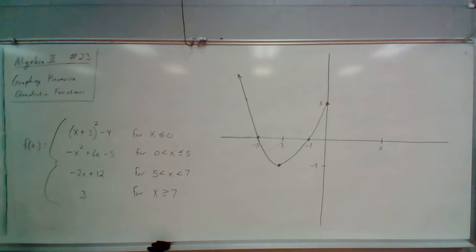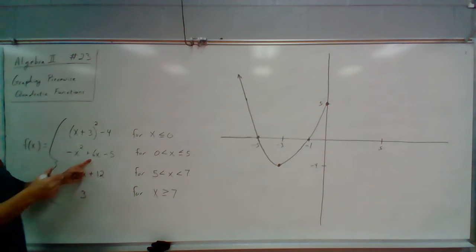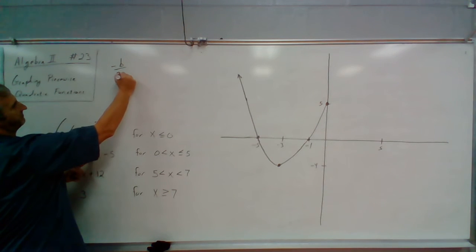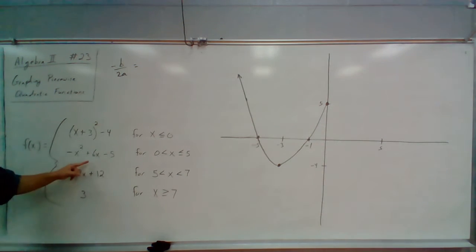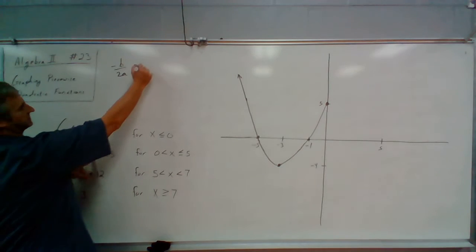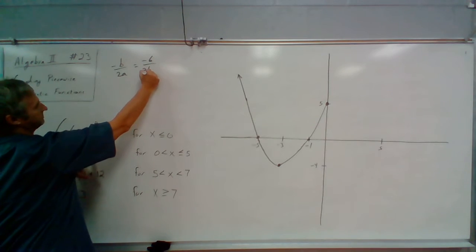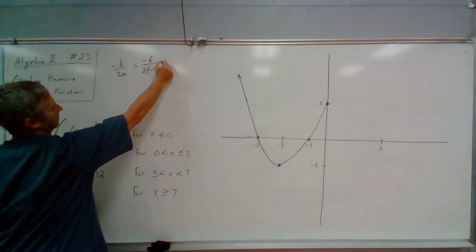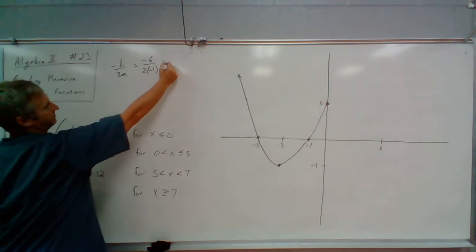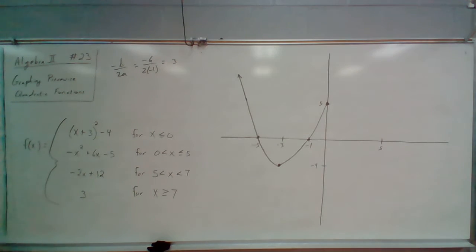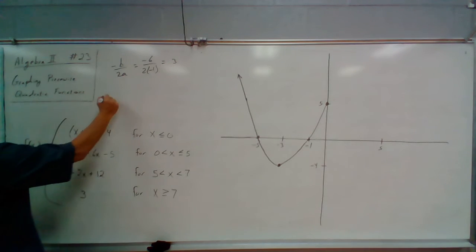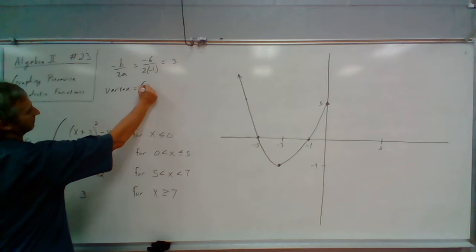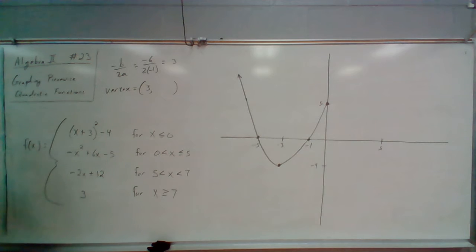First of all, let's find the vertex. Remember, the x-coordinate of the vertex is -b over 2a. So that would be -6 over 2 times -1. So -6 over 2 would be 3. So the x-coordinate of the vertex would be 3. How do I find the y-coordinate of the vertex?